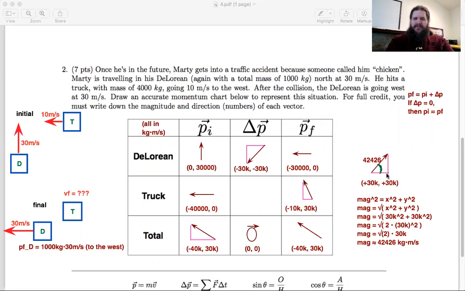If you know both legs of the right triangle, the opposite leg and the adjacent leg, what trigonometric function would tie those together with the angle? Tangent. Yeah, tangent of the angle is going to be opposite over adjacent, so that'll be the y component over the x component. And then how do you undo tangent?